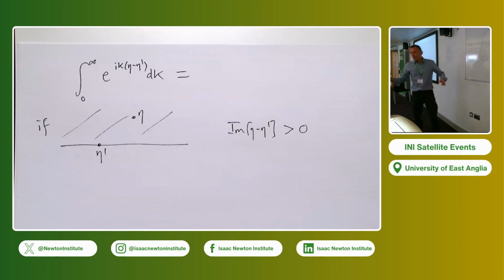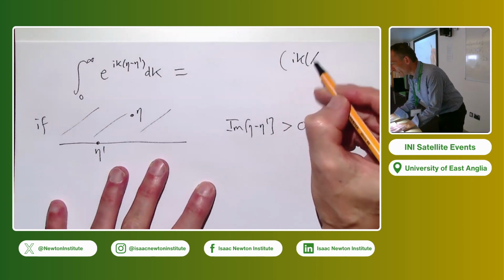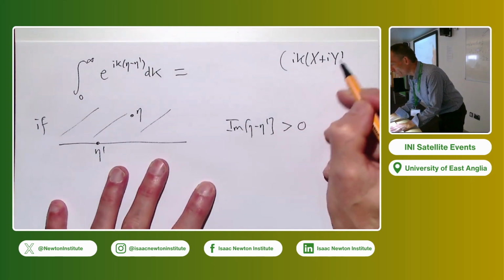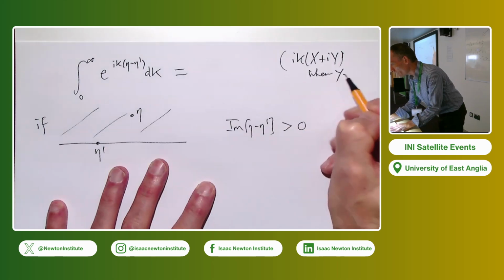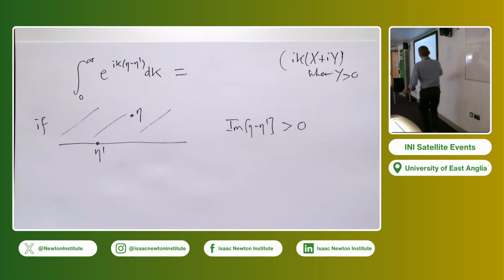Let's work it out over here: ik times, let's call it, x plus iy, where y is positive and k is positive because I'm on this interval. So the only thing I care about is the real part, because does it explode or not? I get e to the ikx, who cares, times e to the minus ky.